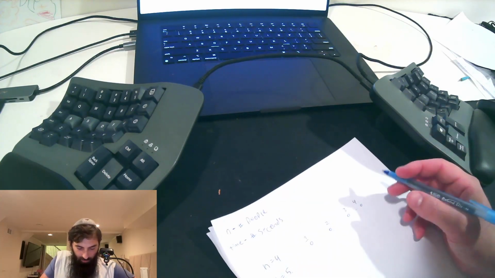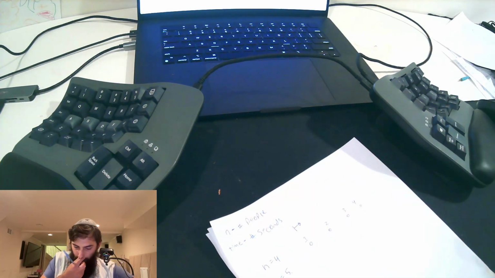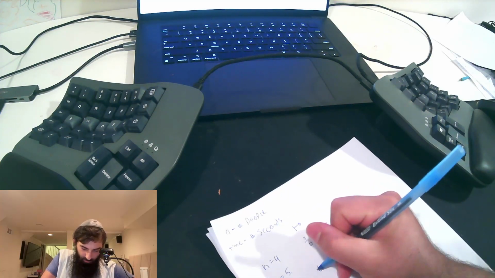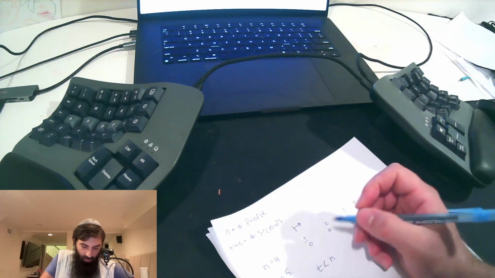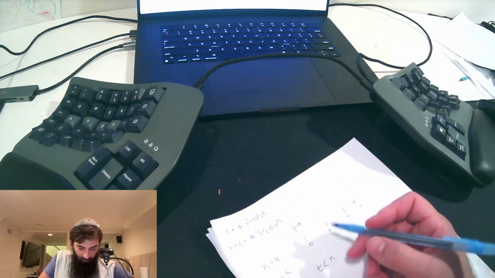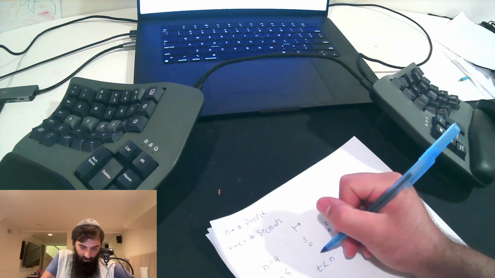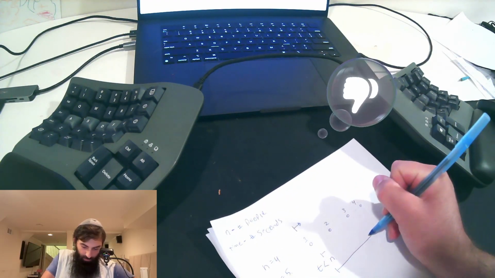I have a few cases, okay? So what is my first case? My first case is t is less than n. If t is less than n, then it's basically going to be counting this way by n.